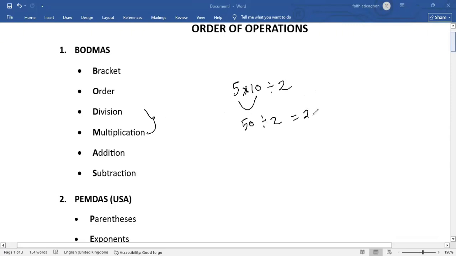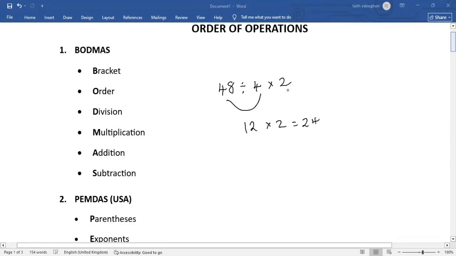But if you have 48 divided by 4 times 2, here you will not do the multiplication first. You will do the division first, before the multiplication, which will be 12 times 2, which is 24.